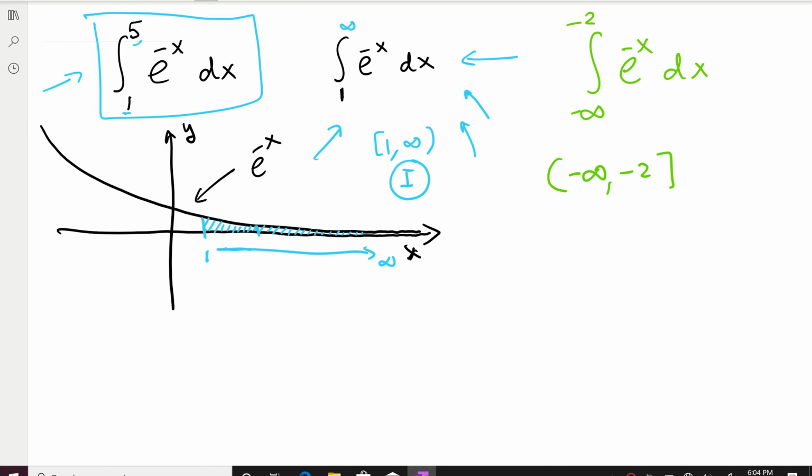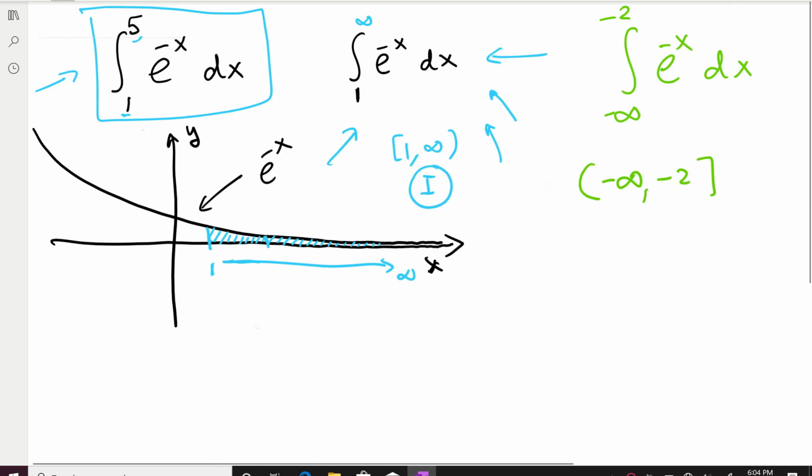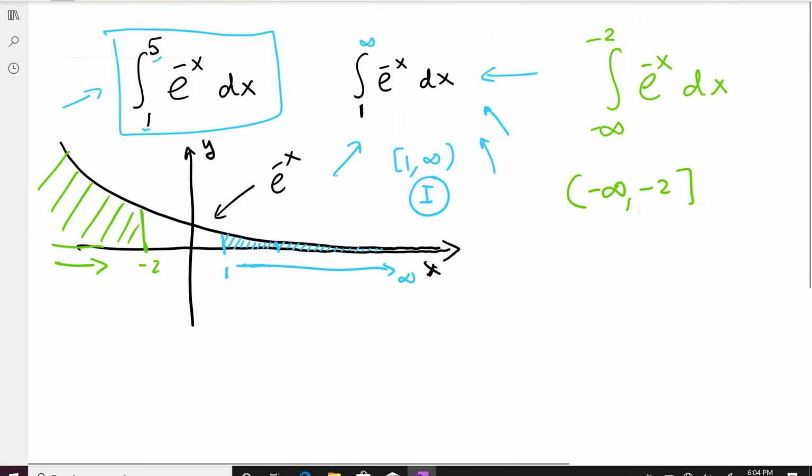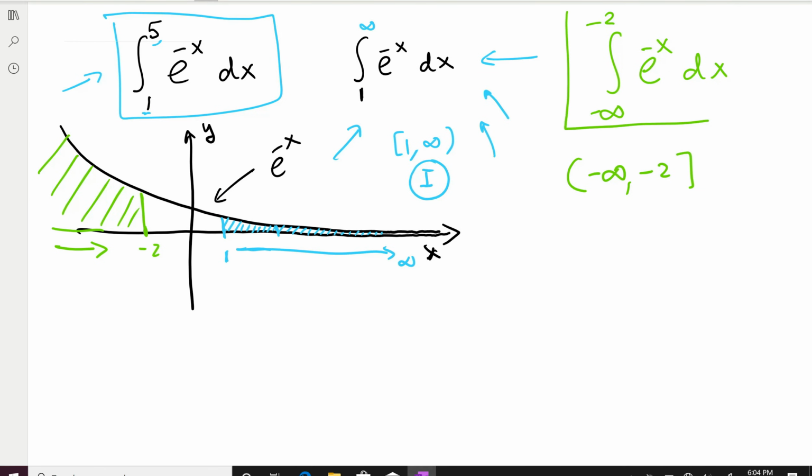Now if you draw this, here's negative 2, and your lower boundary is from negative infinity to negative 2. So this is this region. The lower boundary is not finite. Again, because of that, this is an interesting, different integral. So this is another type 1 improper integral.